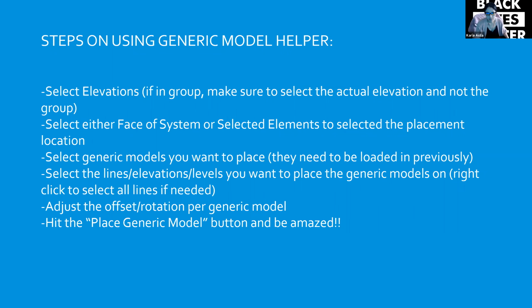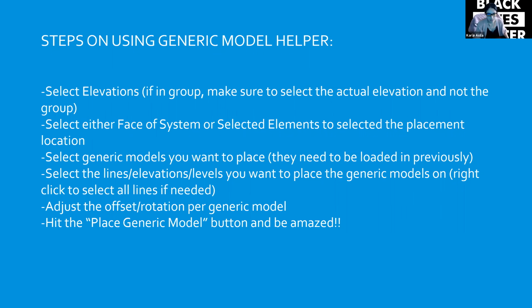Then you'll select the generic models you want to place, make sure that you have them loaded in before, and then you select the lines, elevations, levels, whatever that you want the generic models to be on. A tip I used in this presentation is if you right click, you can select all lines or all vertical lines, or right jam or left jam, to make it an easier process.